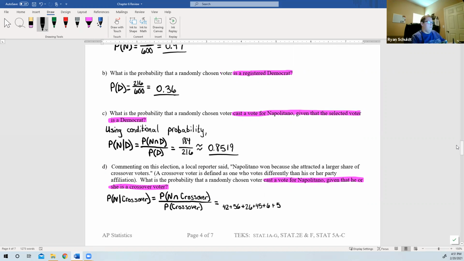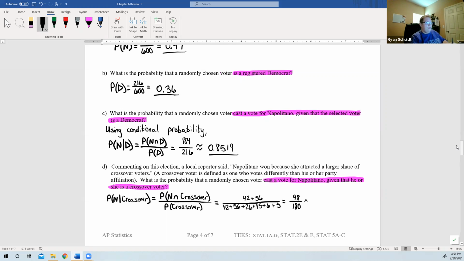Let me just rewrite this a little bit neater. Okay, so let's see. 42 plus 56 is 98 on top. On bottom, let's add them all up. So 42 plus 56 plus 26 plus 45 plus 6 plus 5 is 180.